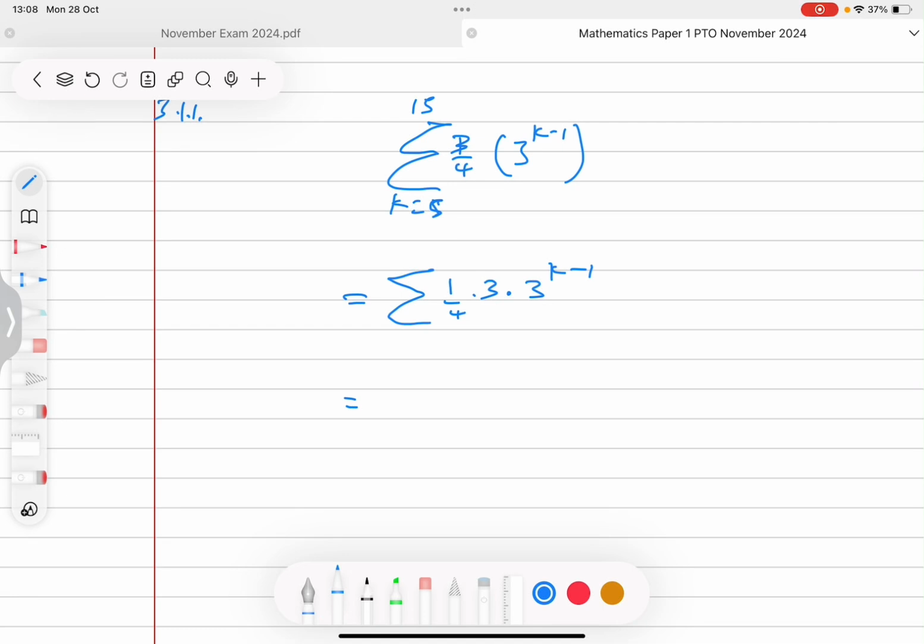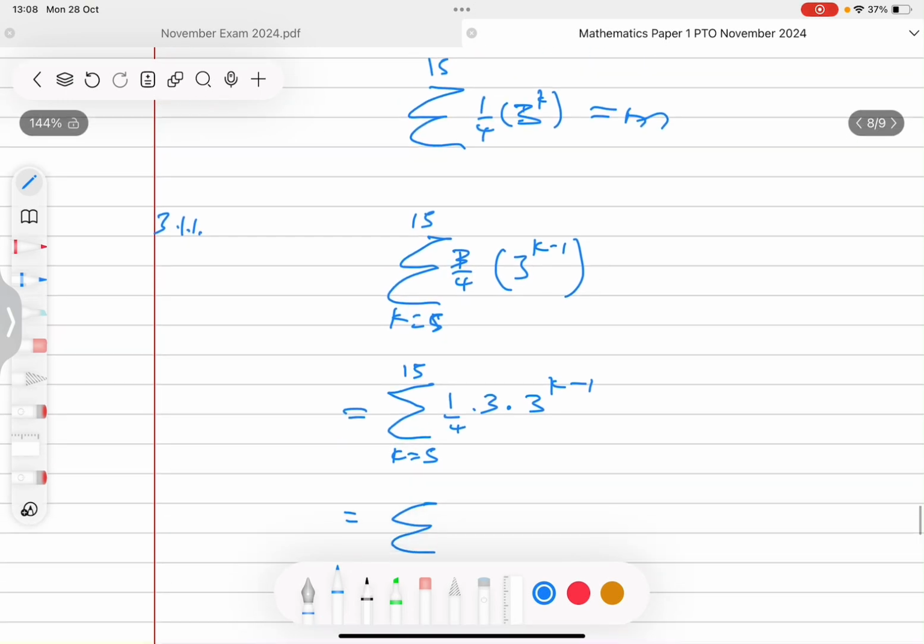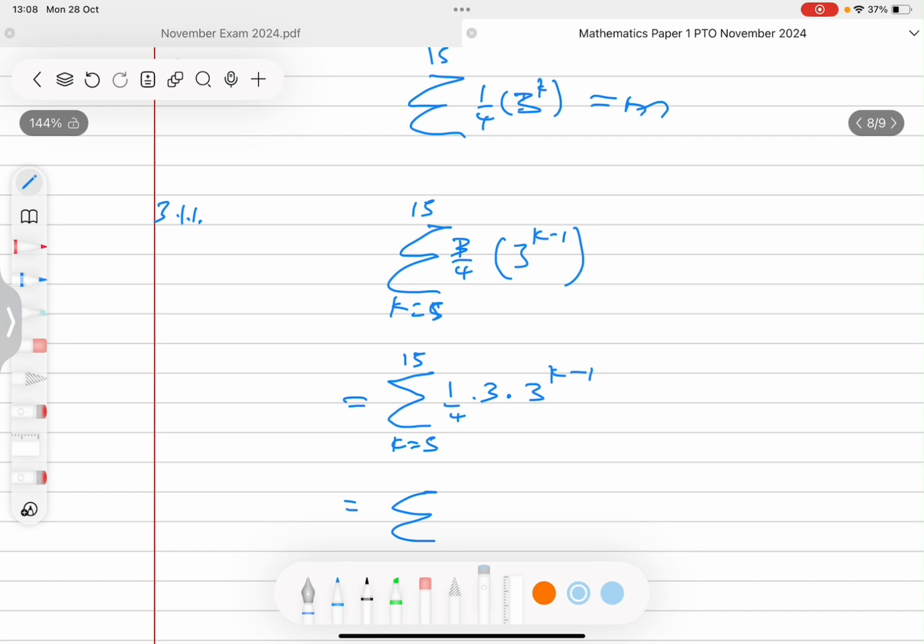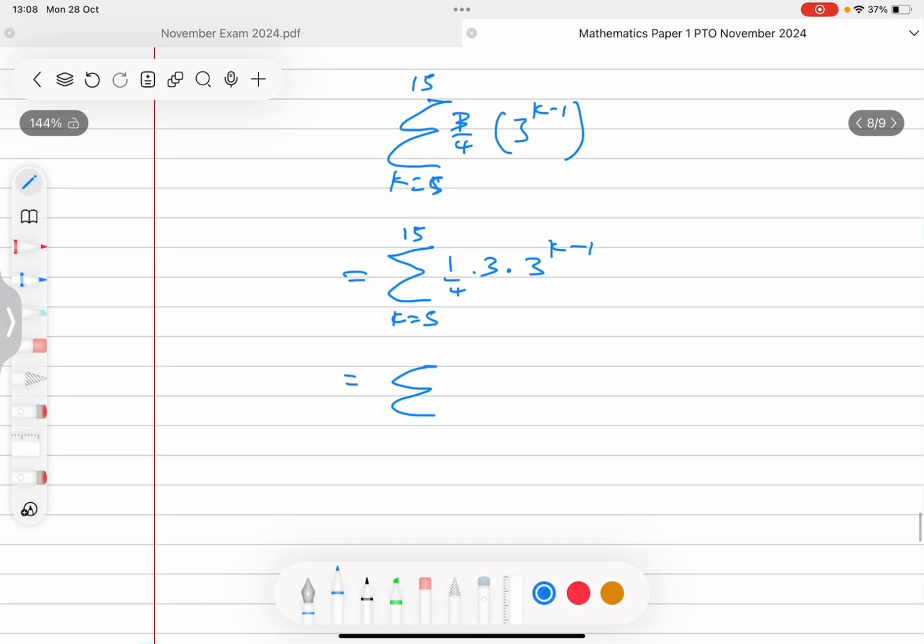Now this will be equal to, starting from k equals 5 to 15, the sigma notation. Now you must compare this to that as you go along. Do you see that we want to have that, meaning I can combine these two now using my laws of exponents.